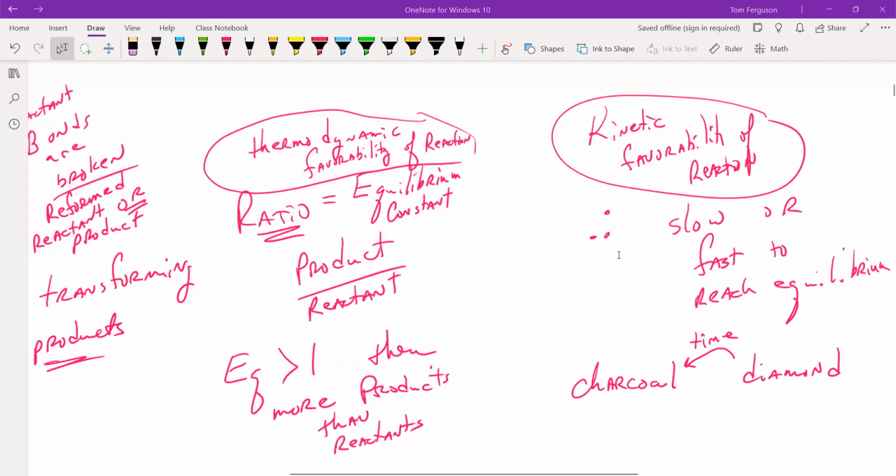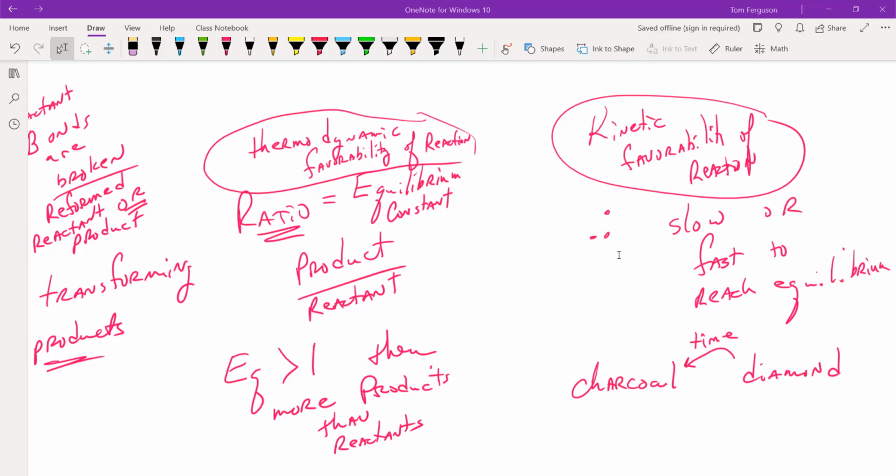Okay, so let's continue with this charcoal diamond example. Basically, charcoal is more stable than a diamond. I know it's weird. I would have thought the diamond was more stable a priori as well, but it's not.